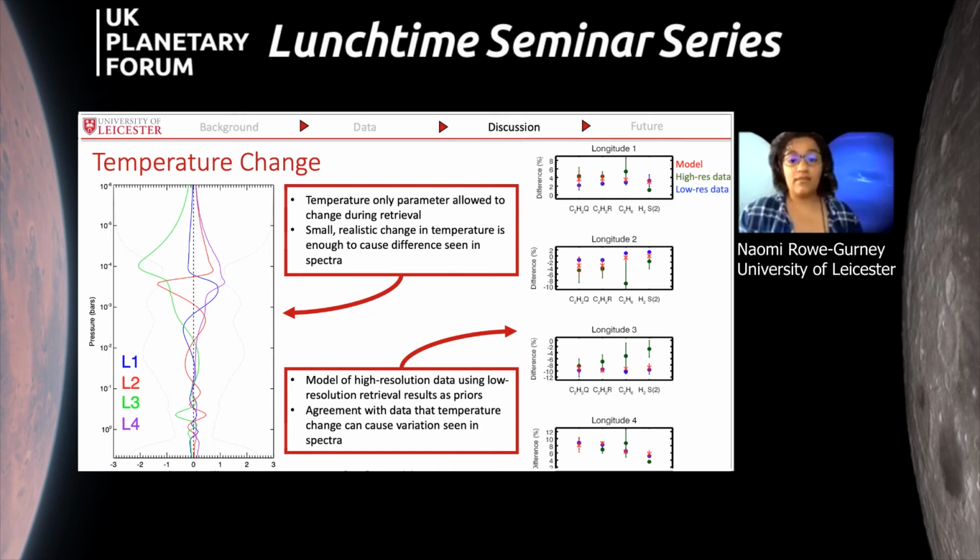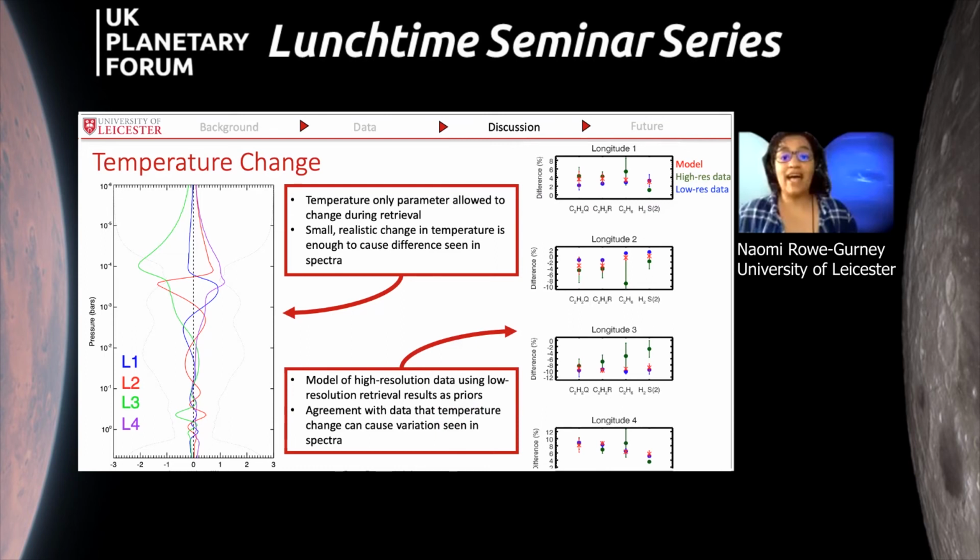The left-hand plot shows the retrieval results for the temperature differences needed to cause the variation. And we see a small, around 3 Kelvin temperature change in the stratosphere, which is good and realistic.